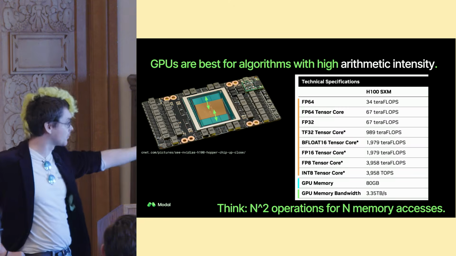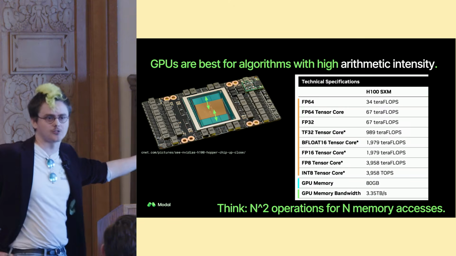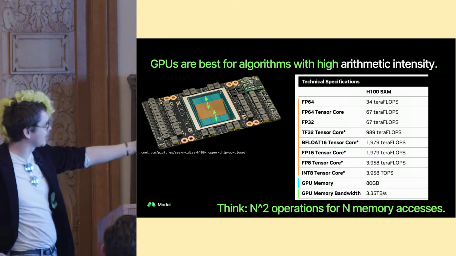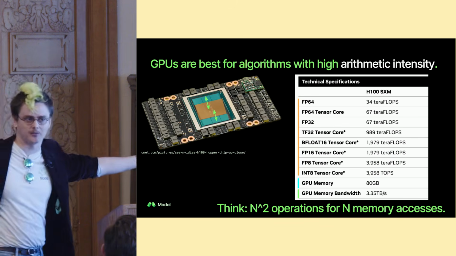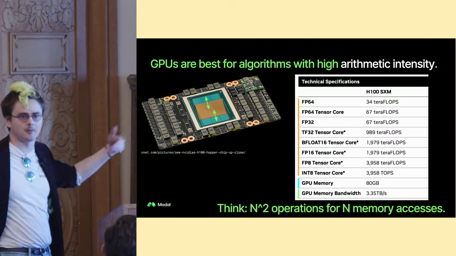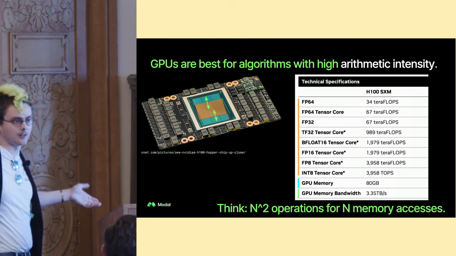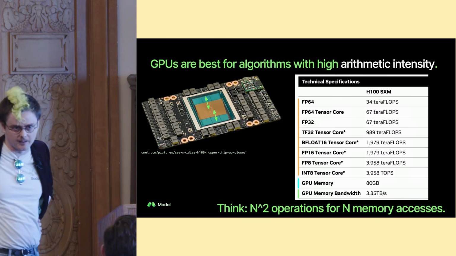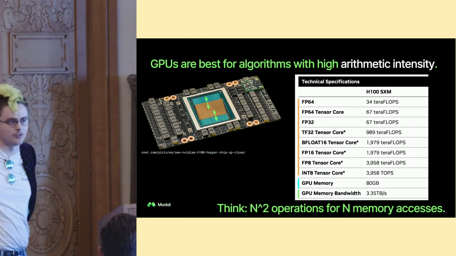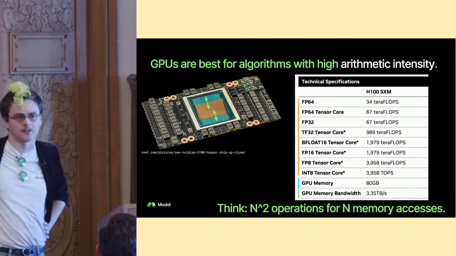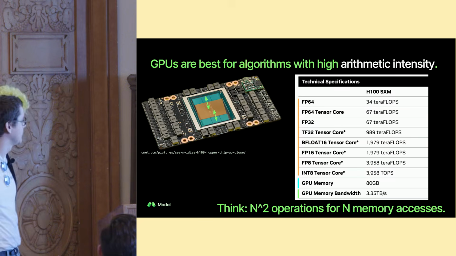So it has 3 terabytes a second of bandwidth, which ought to be enough for anybody, but it's less than 2 petaops, right? So it's a ratio of about 1,000. Anytime you load a number, you want to use it 1,000 times. So that's arithmetic intensity. It's an ops to byte ratio. It's how much you do with a number once you have loaded it into basically cache or registers.